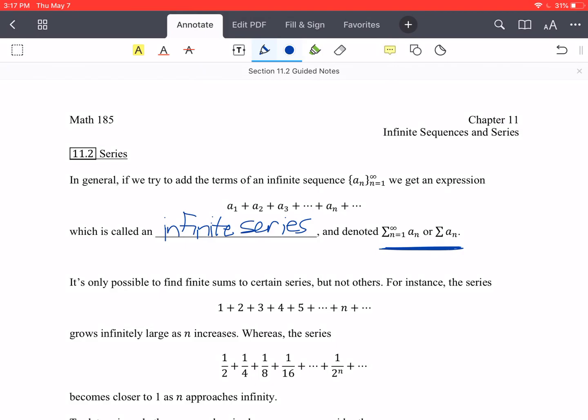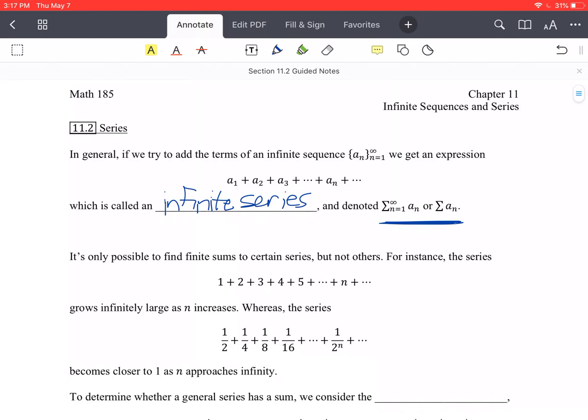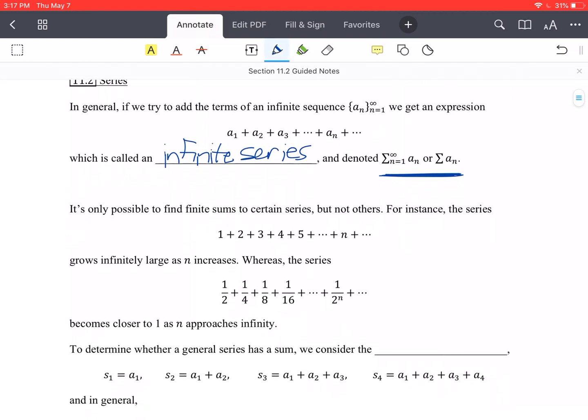Whereas if we take the series 1 over 2 plus 1 over 4 plus 1 over 8 plus 1 over 16, etc., so just 1 over powers of 2, that, as n goes towards infinity, actually becomes closer to 1. So to determine whether a general series has a sum or not, we consider what we call the partial sums.